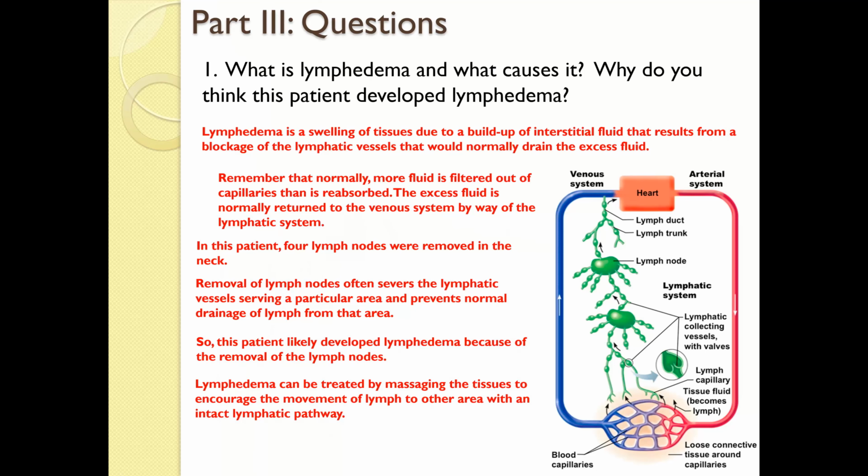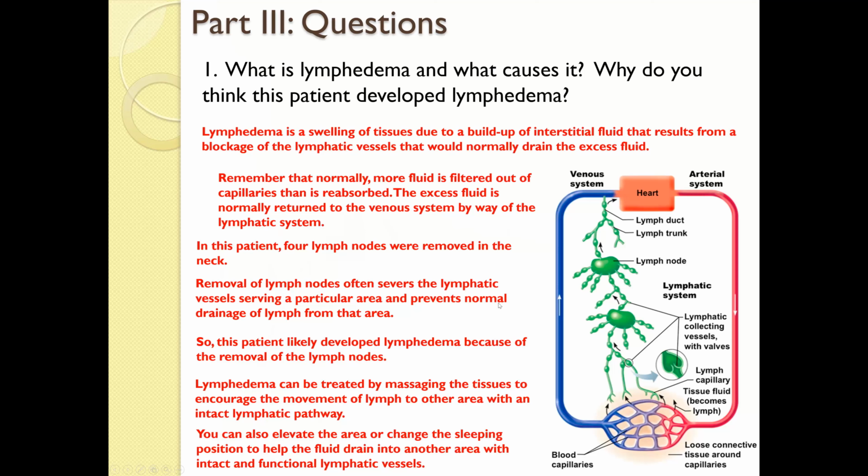Lymphedema can be treated by massaging the tissues to encourage the movement of the lymph to other areas that still have an intact lymphatic pathway. And you can also elevate the area or change the sleeping position to help the fluid drain into another area that still has intact and functional lymphatic vessels.